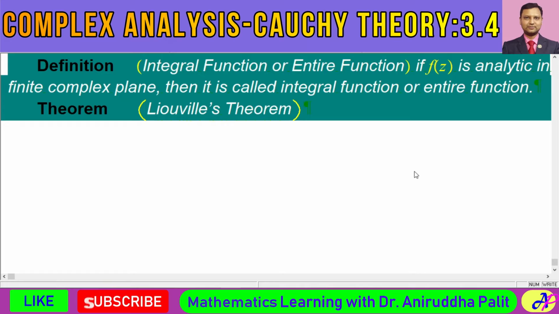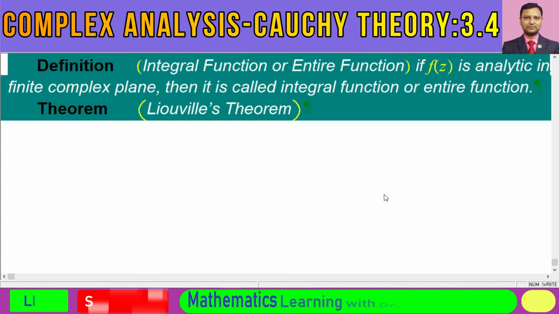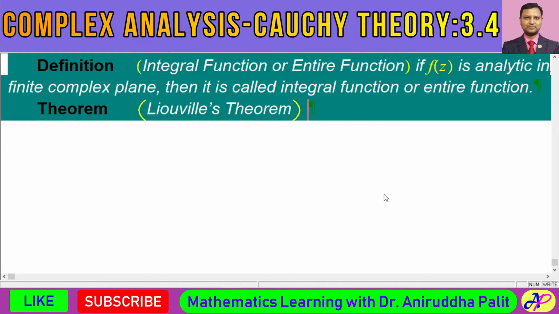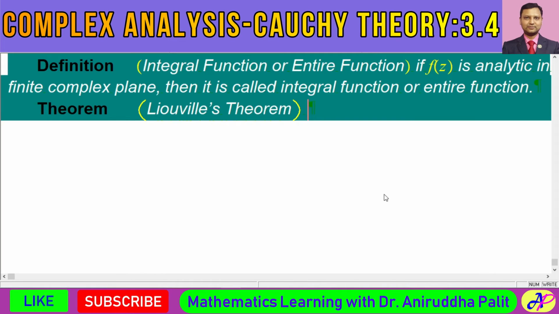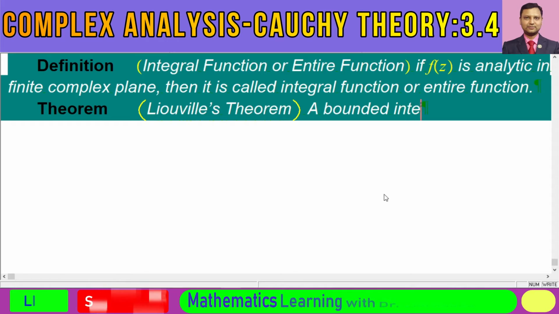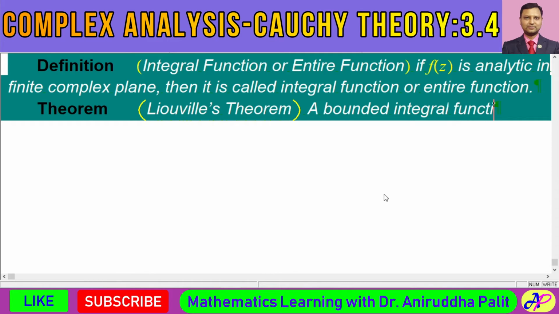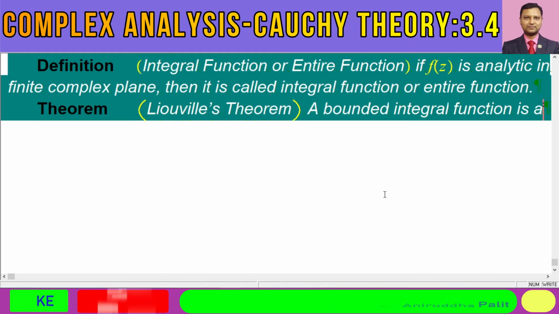Be very careful about this spelling. What does it say? The statement is very simple. It says that a bounded integral function is constant. A bounded integral function is always constant.